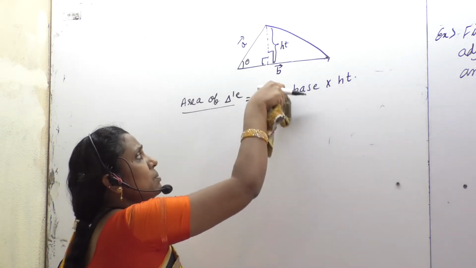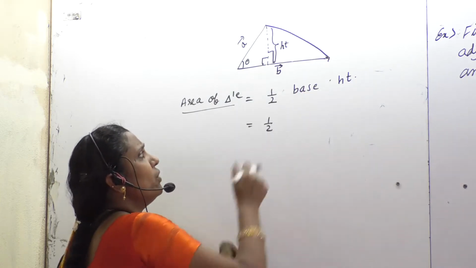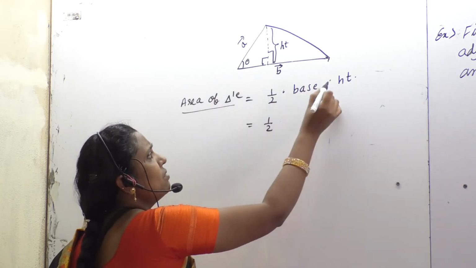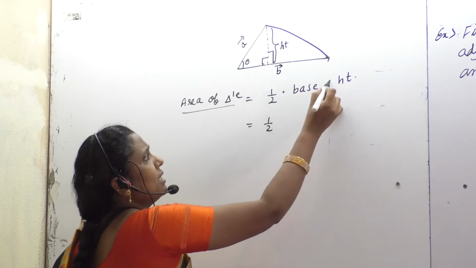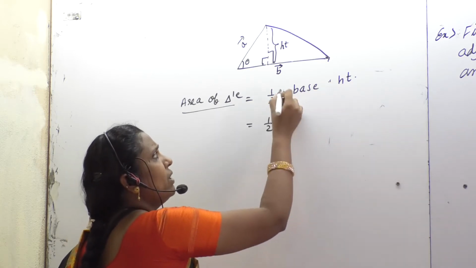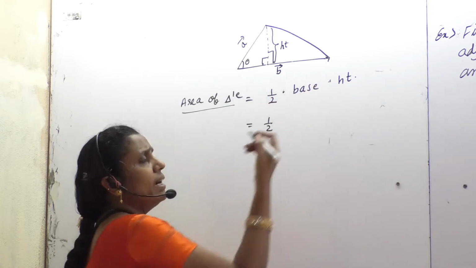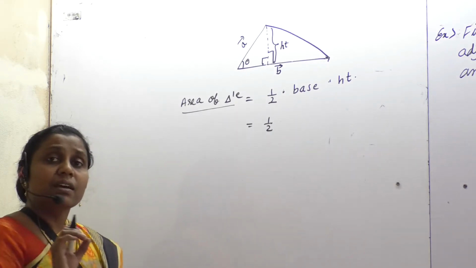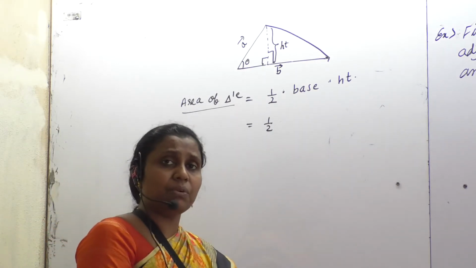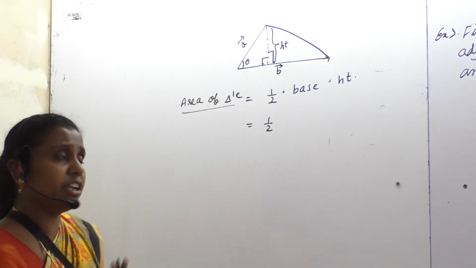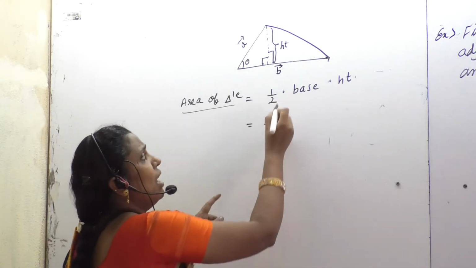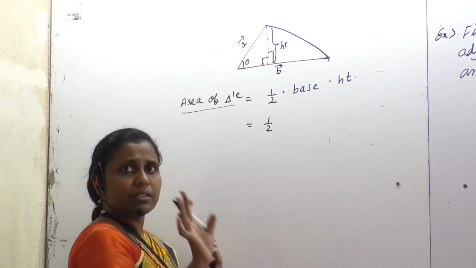We are using this multiplication sign, or dot. So it is your choice. Now you just take it up, half into base into height. That all it is well with the numbers. But when you come to vectors, then you must be very careful. Okay, what I will do now, half into, that is also true.